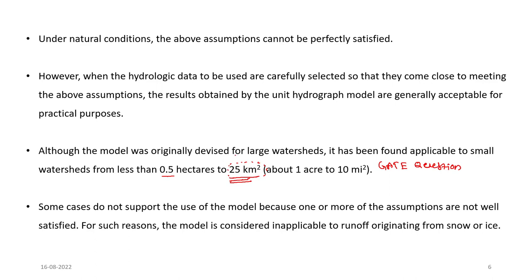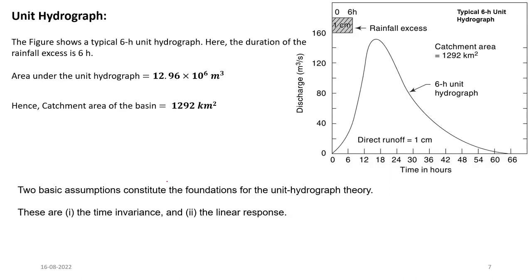Let's say we are using this hydrograph for a 6 hour duration storm over a 10,000 square kilometer watershed like the Godavari or Ganga. In those cases we cannot apply this unit hydrograph directly, so we may even need to divide the entire watershed into sub catchments. I'm running a bit fast because we have a few questions to solve. There we'll spend a good amount of time.